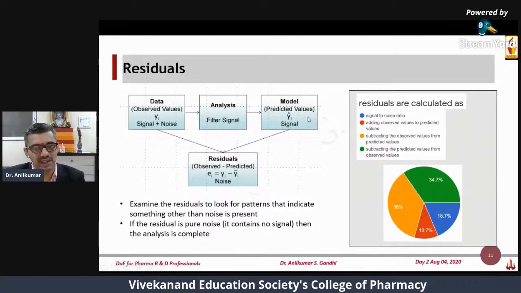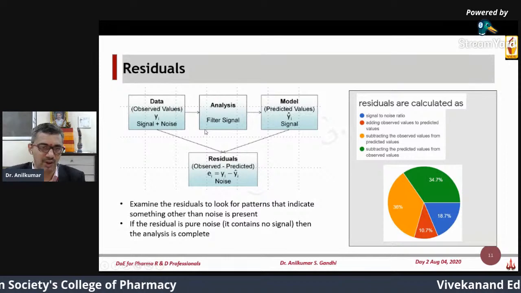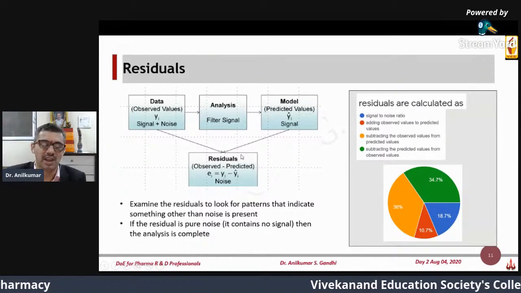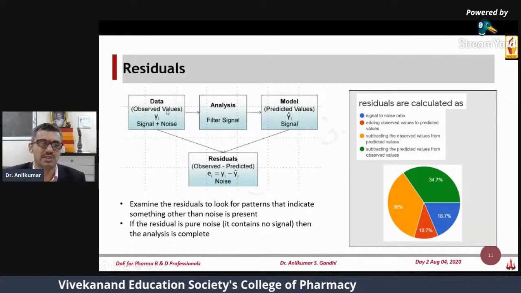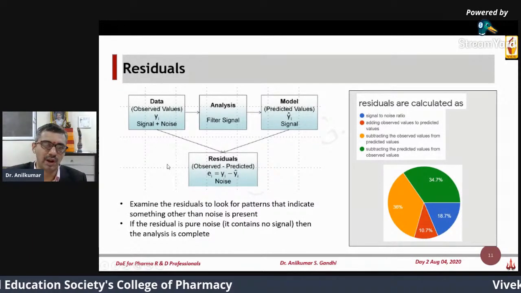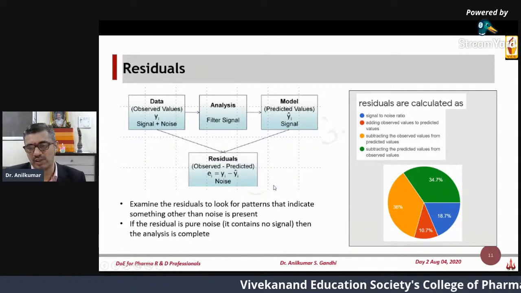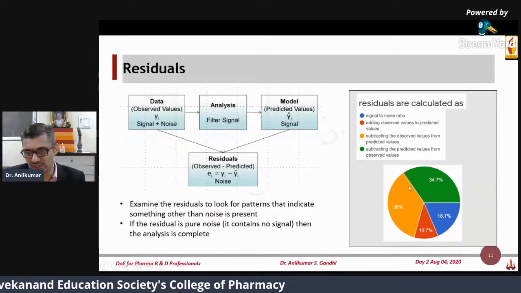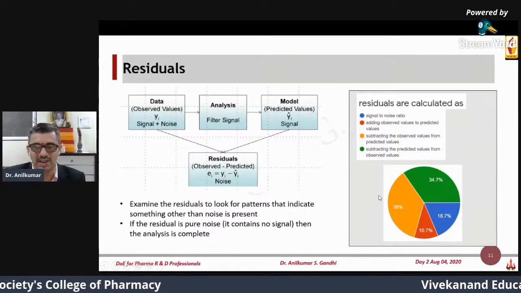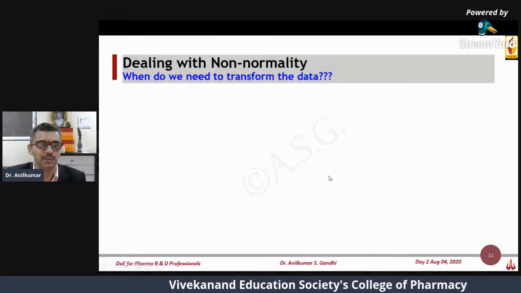The predicted value is likely to be lower because it's only signal. However, there are exceptions because there are variations associated with the response that we generate, and therefore what is important to note is that you always do observed minus predicted. I hope that answered the question, and I hope that gets cleared.